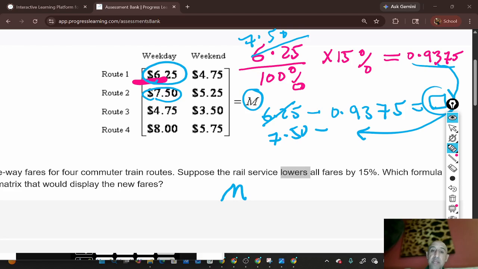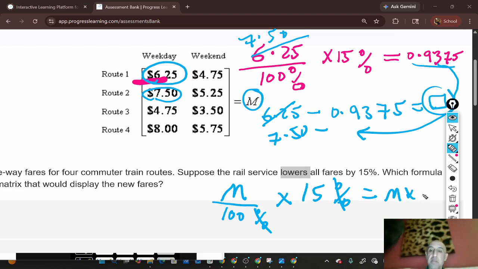And then we can divide this by 100 and multiply this by 15%. Of course, we can cancel the percentage with the percentage, and then we end up with M times 0.15.